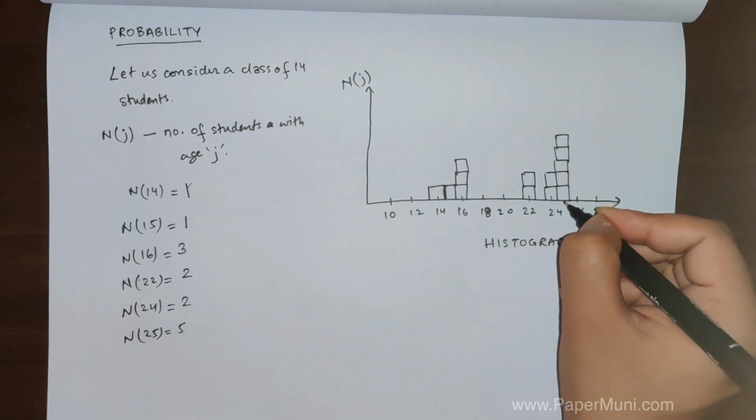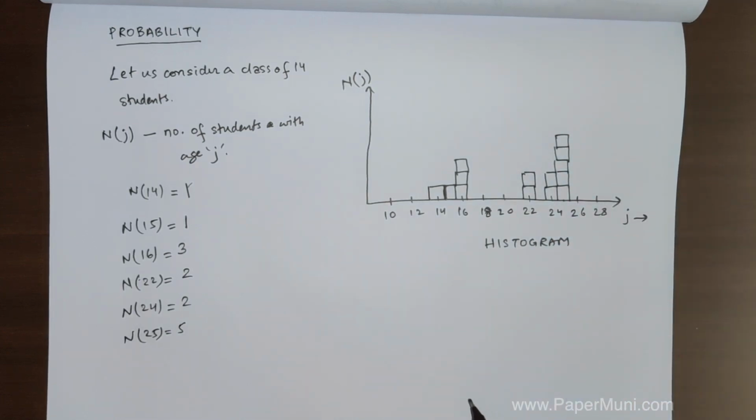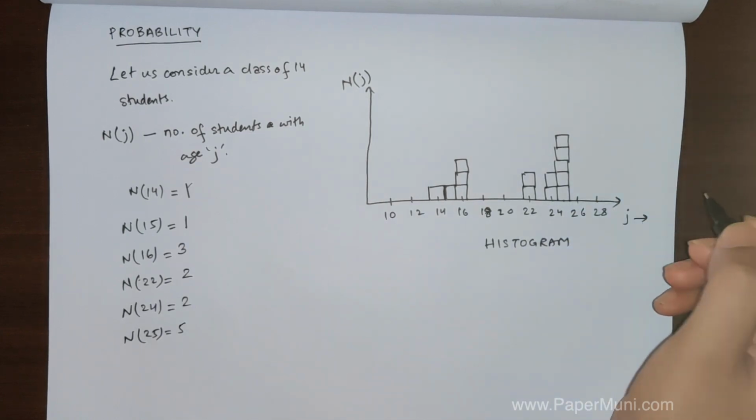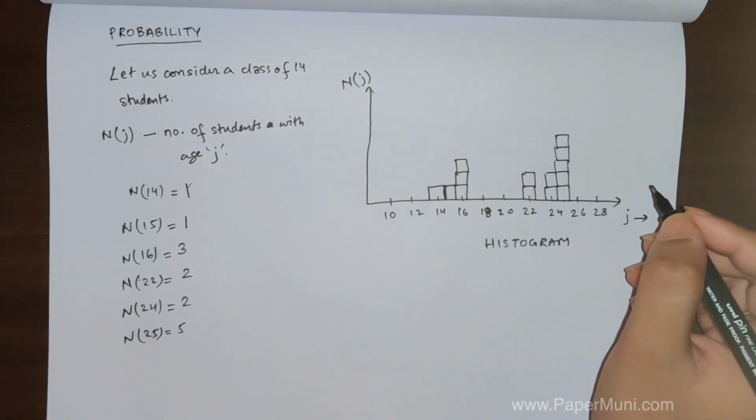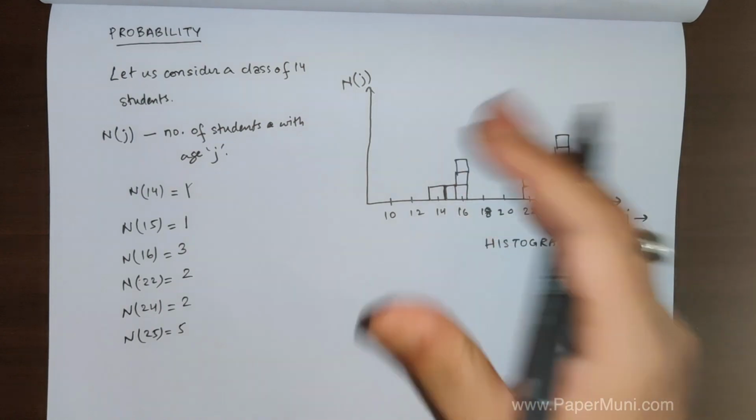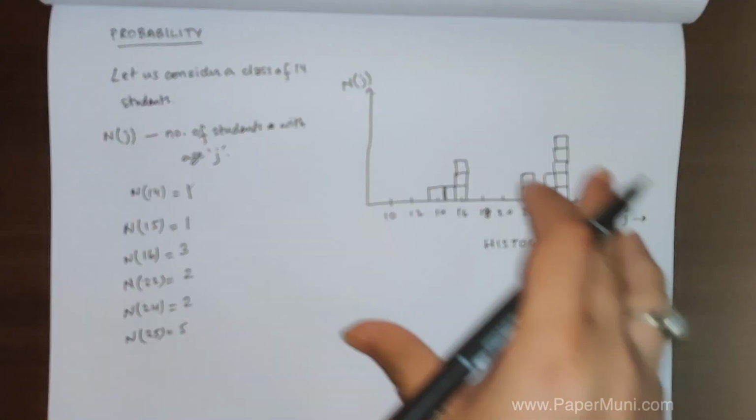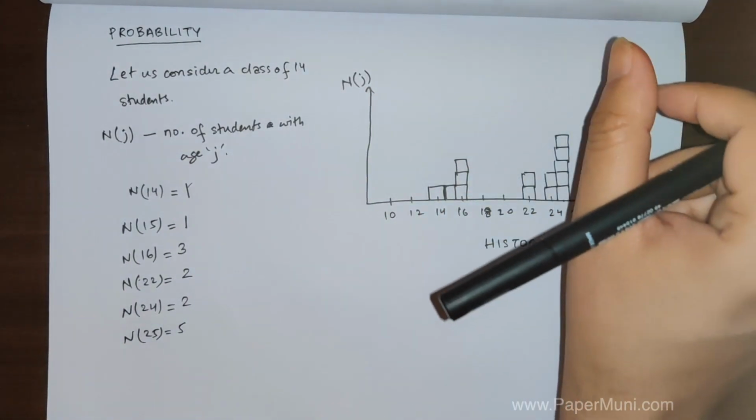This completes the histogram. If some of you have drawn it, it's very good. If you have not, just look at it. This is how the data looks on the graph.